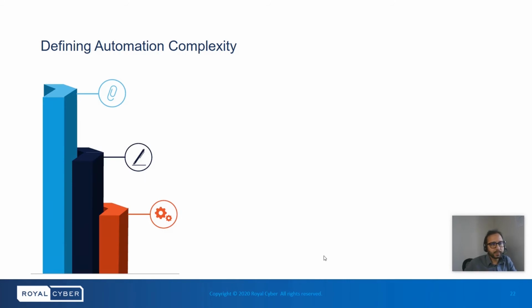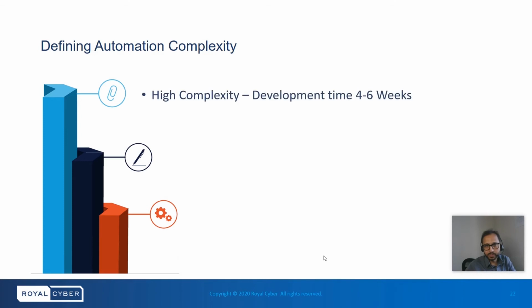So in the end, what we come up with as a result of complexity analysis is that we categorize a process as high, medium, or low complexity. A process with high complexity is one that requires programming skills in terms of string manipulation functions, working with arrays, data tables, collections, data formatting, exception handling, complex SAP applications, or complex applications running in a Citrix environment or terminal emulators.